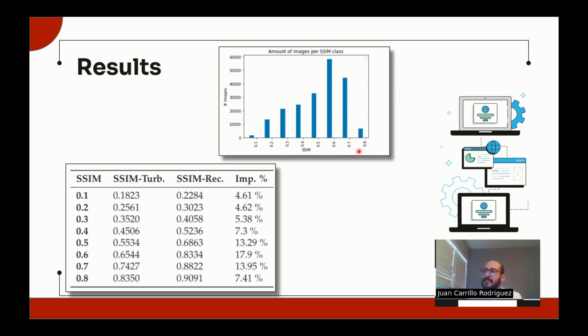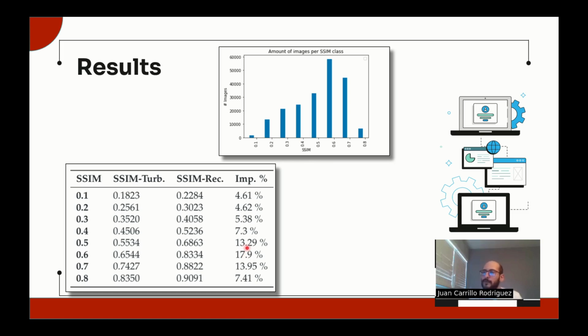When the SSIM is close to 1, it is better because the image is more similar to the original image. When it's 1, it is the same. So most of the images that we have in the dataset are not very affected by the turbulence. And this is very important because when we see the results, the improvement that we get when we apply the generator to the images is that the images that are close to 0.6 are getting the best improvement.